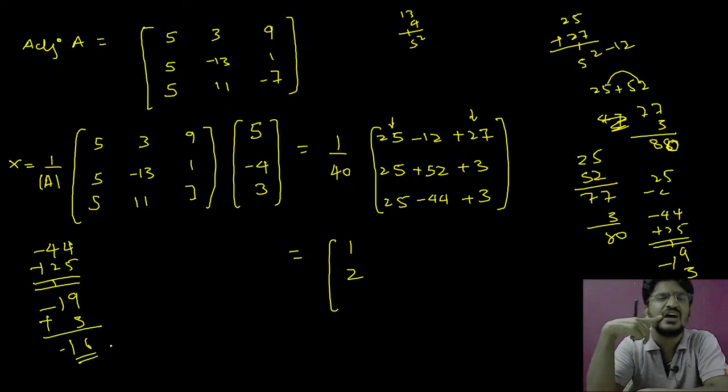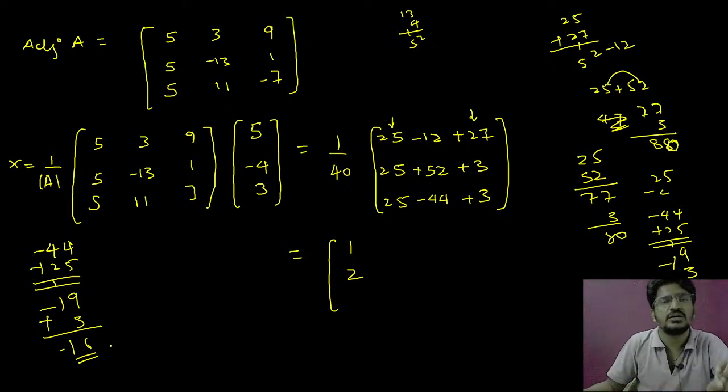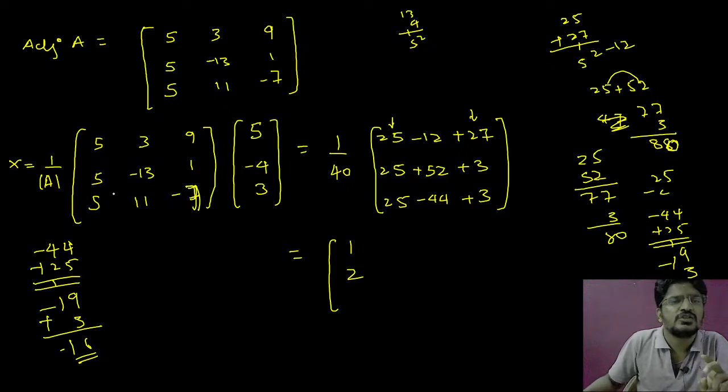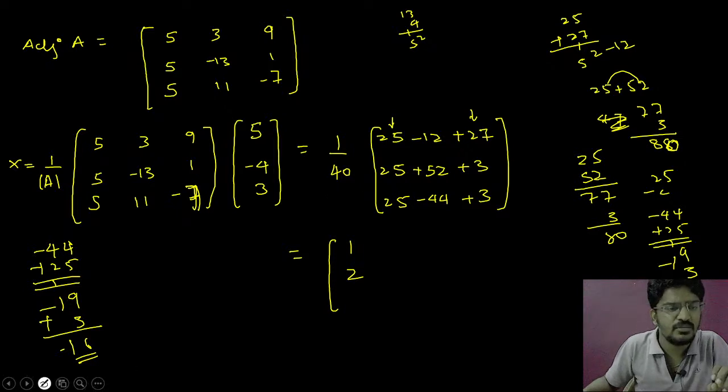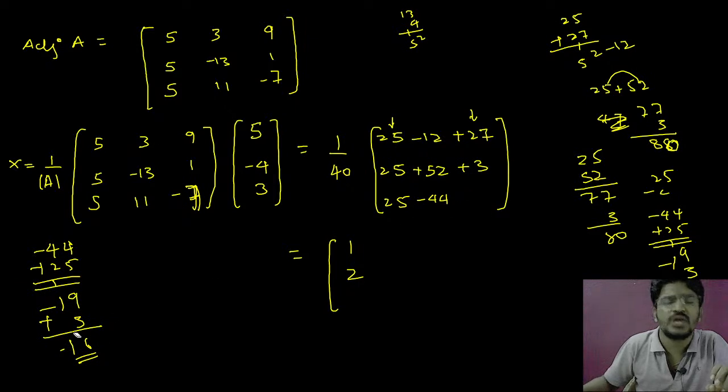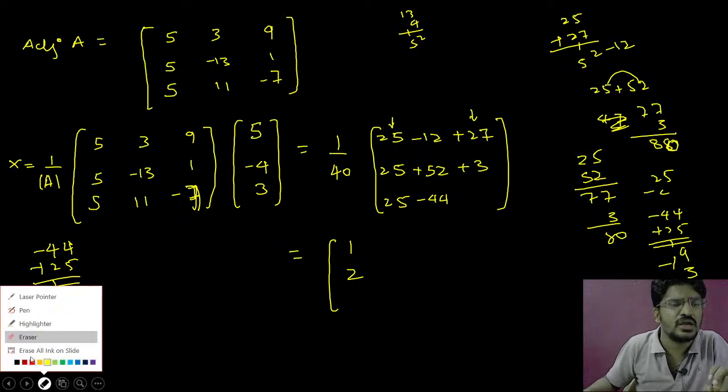So I think in the last row we have made some mistake. We shall check this. This is minus 7, right? So 5 into 5 is 25, 11 into minus 4 is minus 44, minus 7 into 3 is minus 21. So here we have minus 21. Clear?